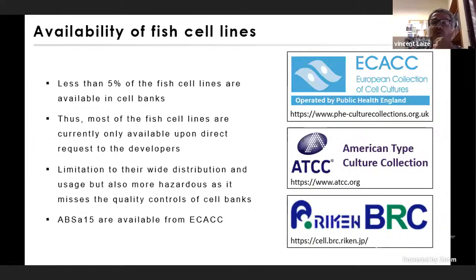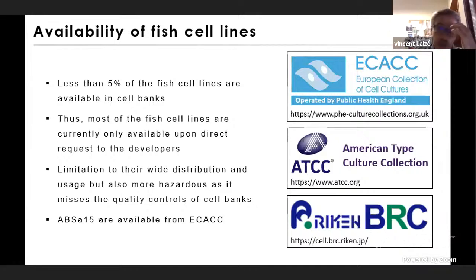So what about the availability of the fish cell lines? Actually, the scenario is not that good. If you look into the Cellosaurus database, only 5% of the fish cell lines are available in cell banks, such as the European Collection of Authenticated Cell Cultures, or the American Type Culture Collection in the US, or the Riken BioResource Center in Japan. So this is very few.